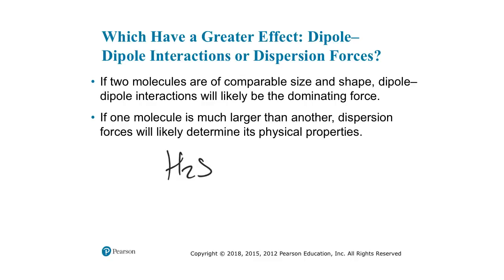So if two molecules are comparable size and shape, dipole-dipole forces will be the dominating force. If one molecule is much larger than another, then dispersion forces will kick in. So there will be a ton of molecules that we can't necessarily compare boiling point trends easily, due to the size difference not being big enough, or the polarity difference between two compounds being so similar, you don't necessarily know which one's more polar or less polar.